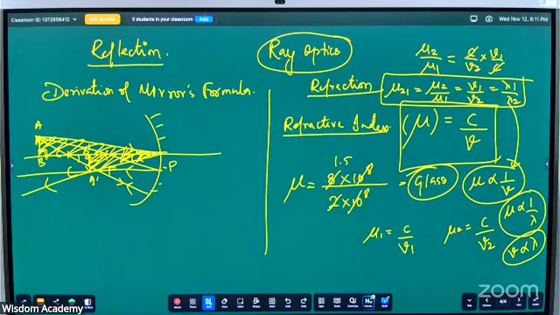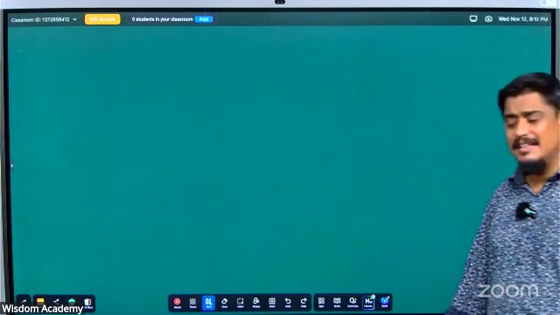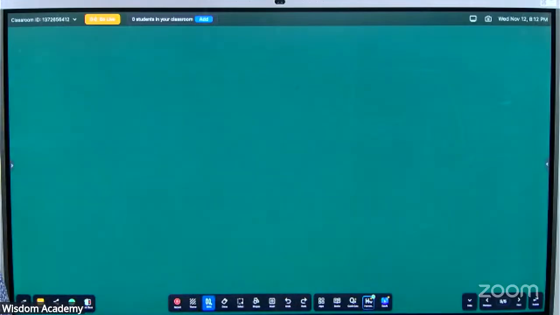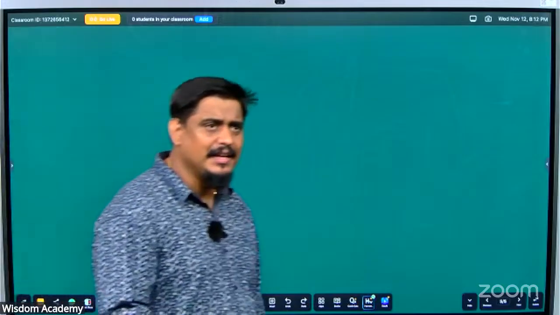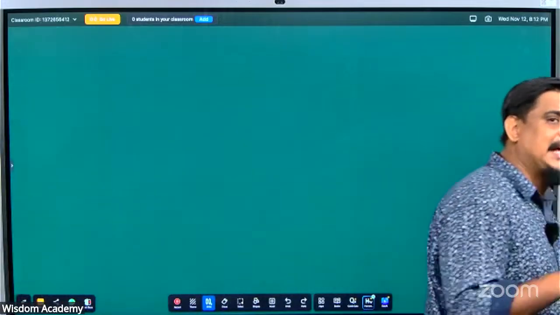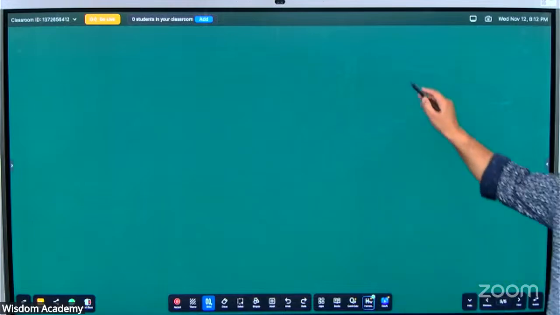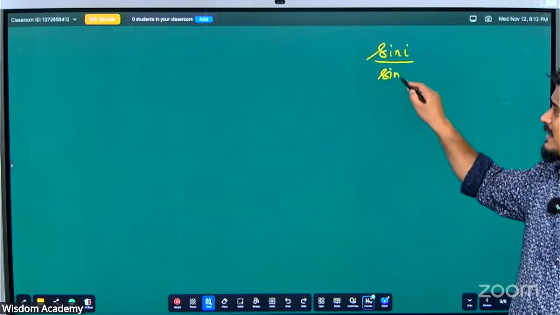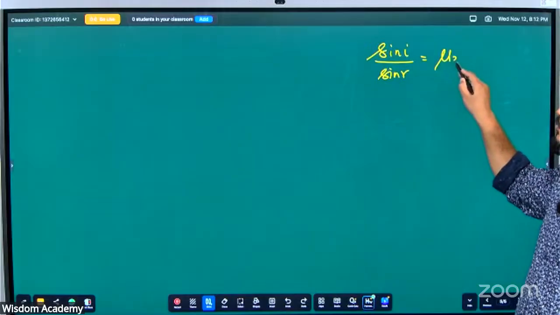Also from here, we should understand what the laws of refraction are. There are two laws basically. One law is the incident ray, refracted ray, and normal are in the same plane. The second law is the sine of the angle of incidence over the sine of the angle of refraction is always a constant, and that constant is called mu2 by mu1.